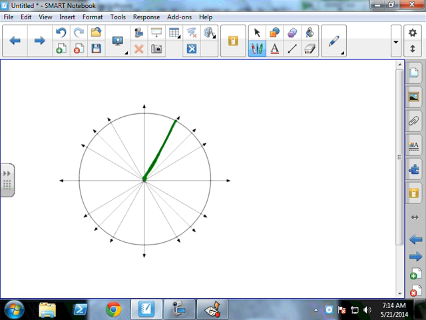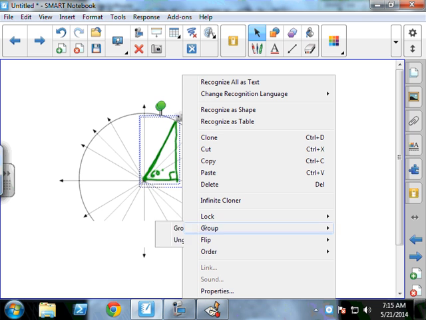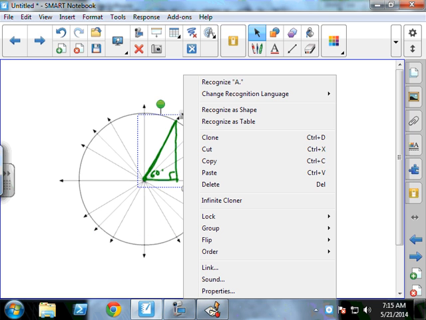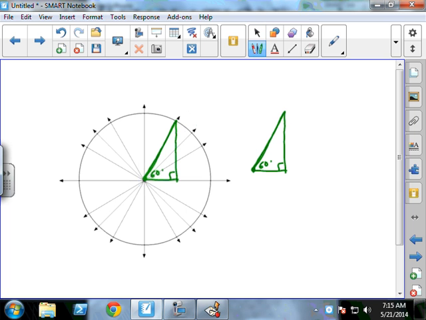So we're going to kind of, to use a metaphor, kill two birds with one stone here. Okay. So here's our 60-degree reference triangle. Okay. So let me see if I can group all that together. See if I can clone all that. And there we go. So remember the radius is 1.